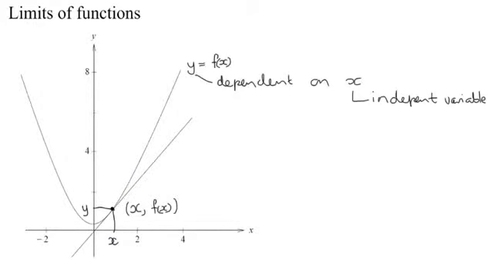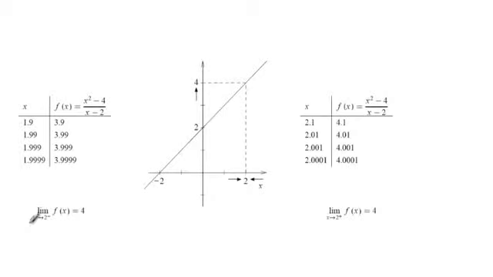Now, coming to the idea of what we call a limit of a function, let's look at this table, which is in your study guide. We're given a function here, f of x equals x squared minus 4 over x minus 2.